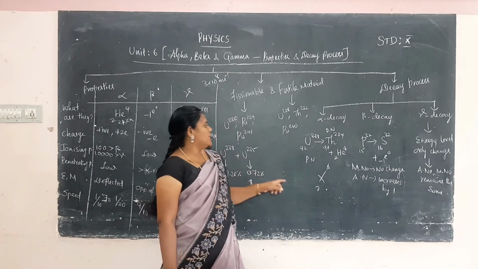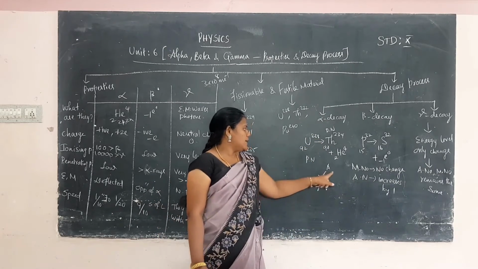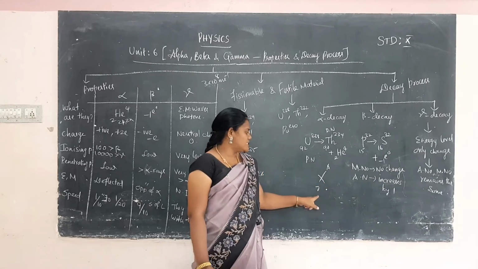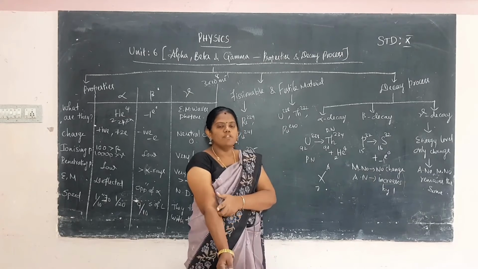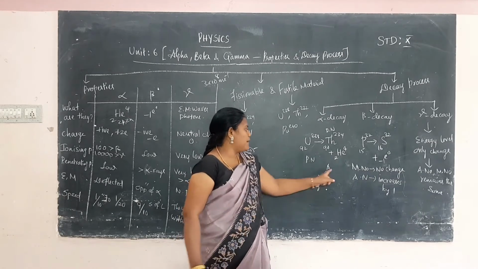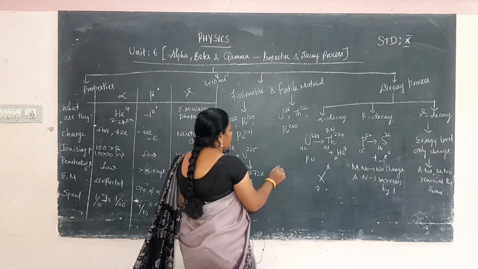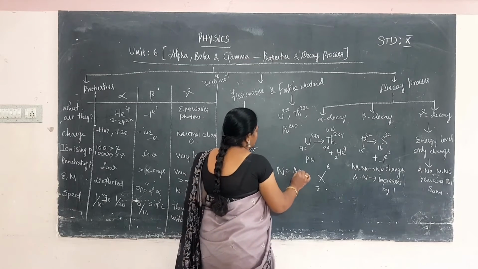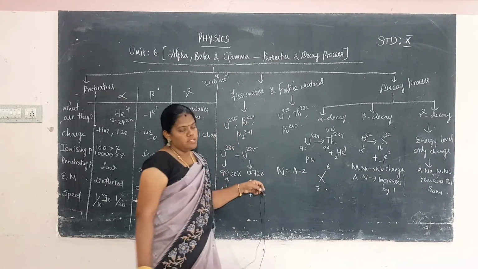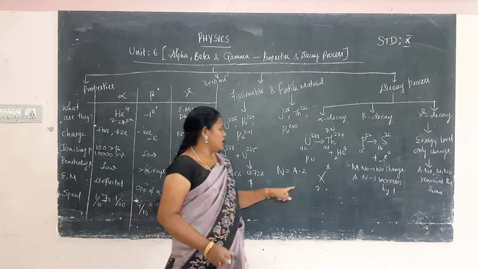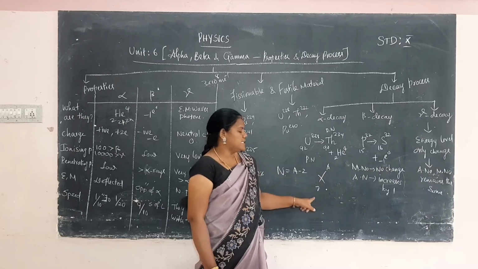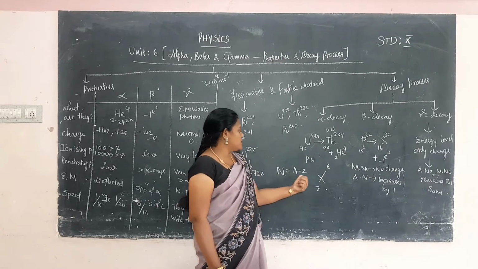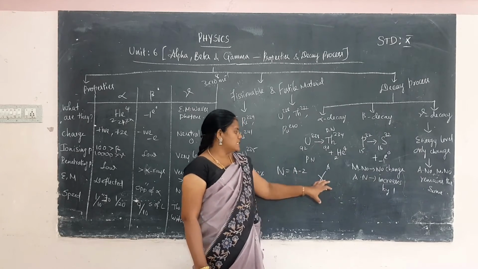Atomic number is always denoted by Z and mass number is always denoted by A. The number of neutrons in a radioactive element is A minus Z, so capital N is equal to A minus Z. You already learned this in 9th standard. For the element X with Z and A, A is the mass number, Z is the atomic number, and the number of neutrons is A minus Z.